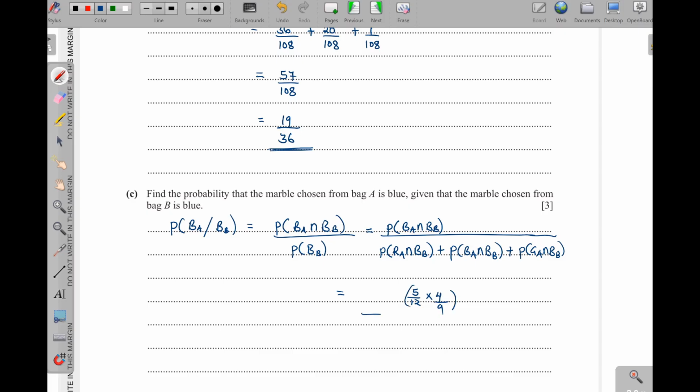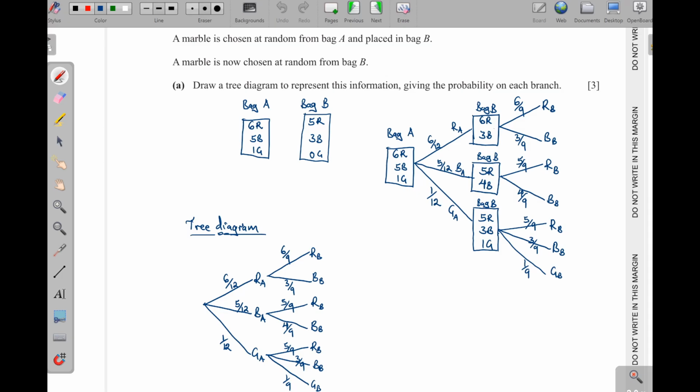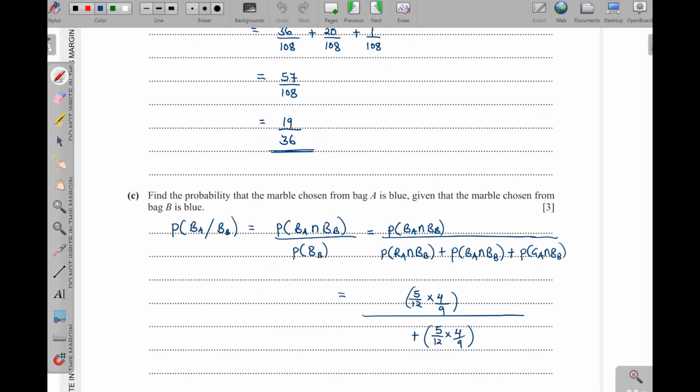Then we divide by, again, I'll put it here, 4/9. Now, red from A, blue from B. That is 6 over 12, then 3 over 9.